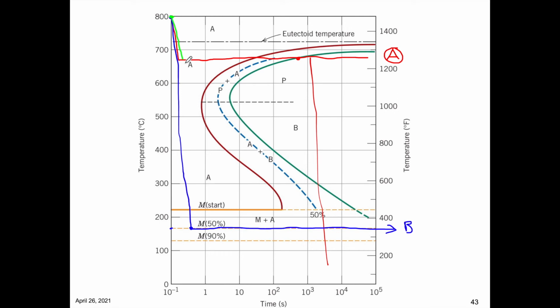And then we're going to follow the same path up to a point of coarse pearlite, right? The same temperature. However, this dashed line right here is the 50%, right? It says 50% here. So we only have to hold until that time.